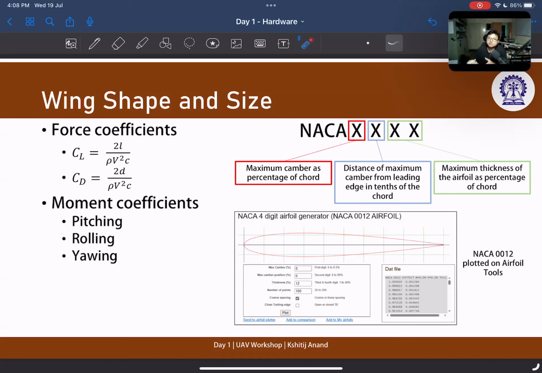But the force coefficient is defined in such a manner that it is characteristic to that shape of the airfoil, irrespective of its dimensions. However big or small, if you want to enlarge the shape or crunch it down, it's up to you. But that specific contour of the airfoil is going to have that fixed lift coefficient.